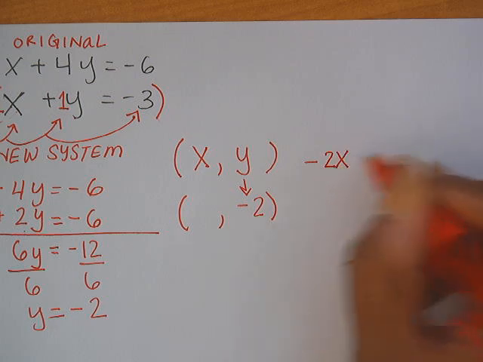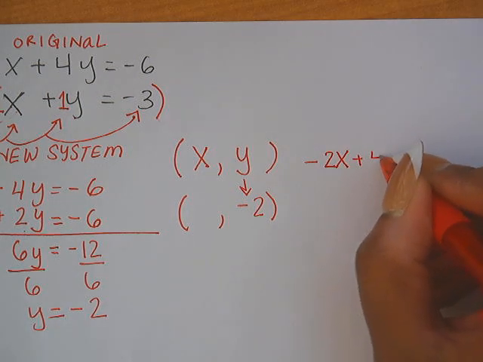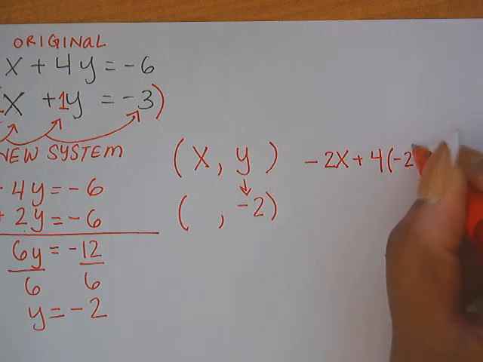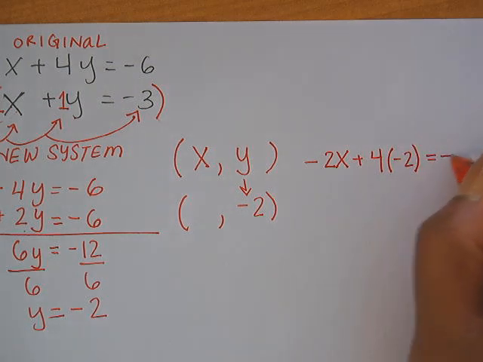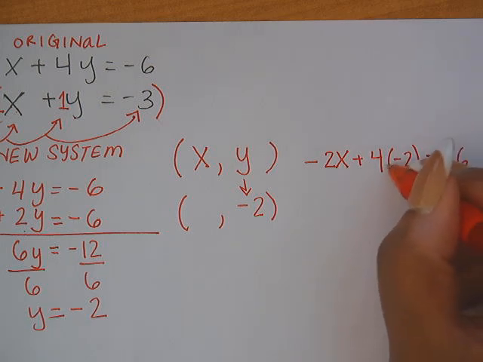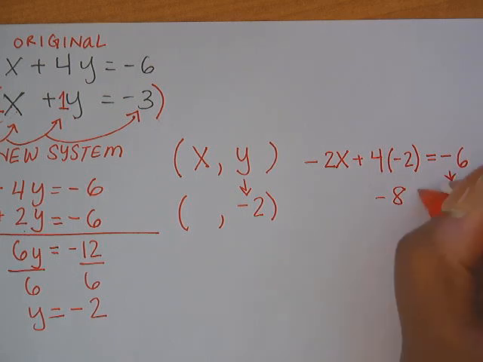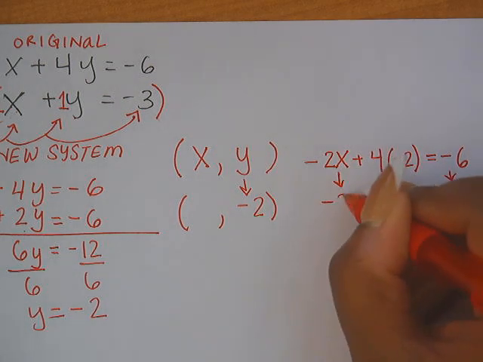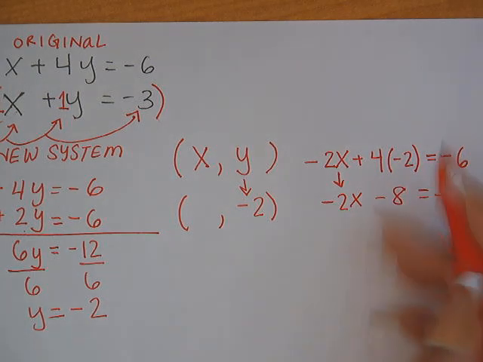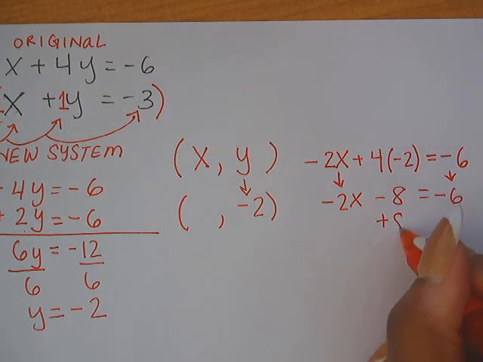-2x plus 4 times -2 equals -6. -2 times 4 is -8. And everything I have not used comes down to the next step. I then need to add 8 on both sides.